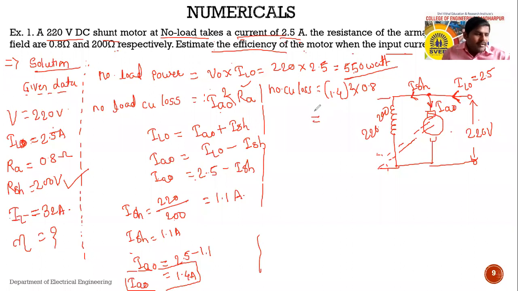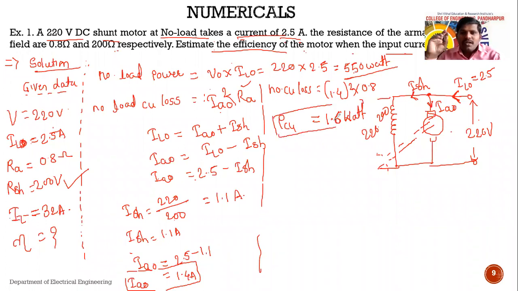So this is the value of copper loss at no load condition. किती आहे ती? 1.56. It is nothing but near about 1.6 watt. So we have calculated the copper loss.